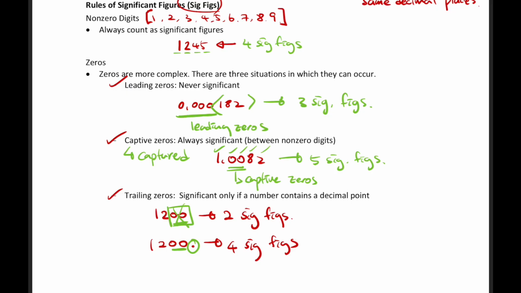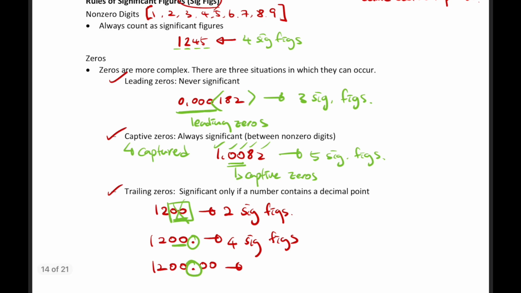Same thing when you have something like 1200.00. In this case, the decimal point helps the non-zero digits capture these zeros and these zeros, so we count them as sig figs. So in this case, we have 1, 2, 3, 4, 5, 6 sig figs.